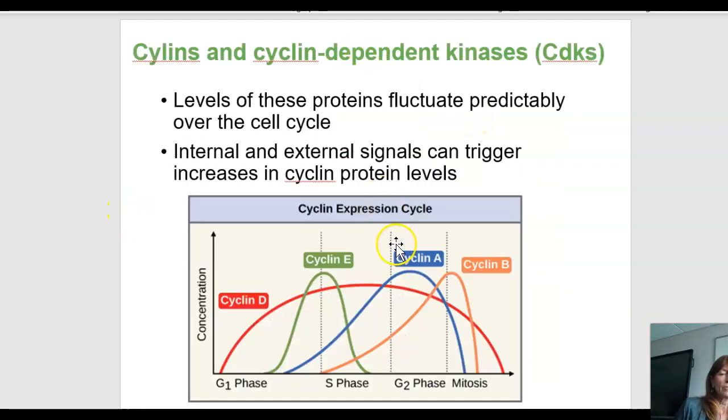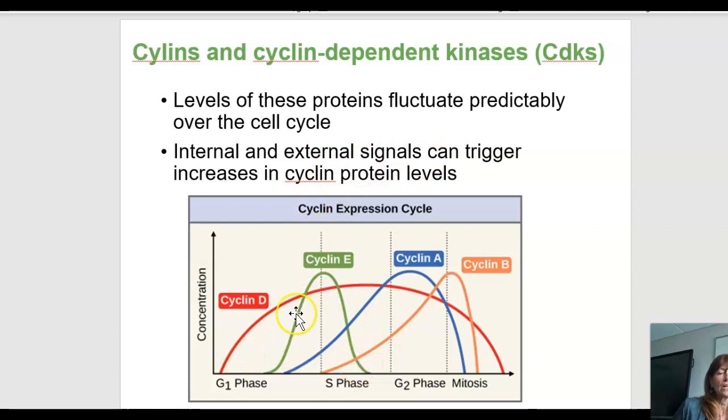So here you can see a couple. During G1, we have cyclin D that increases in concentration. In G1, we also see another one, cyclin E. Another one that begins in G1, but later in the game, is cyclin A. And then here's another one, cyclin B. So these proteins, which are produced in the cell, are going to fluctuate depending on where in the cell cycle we are.